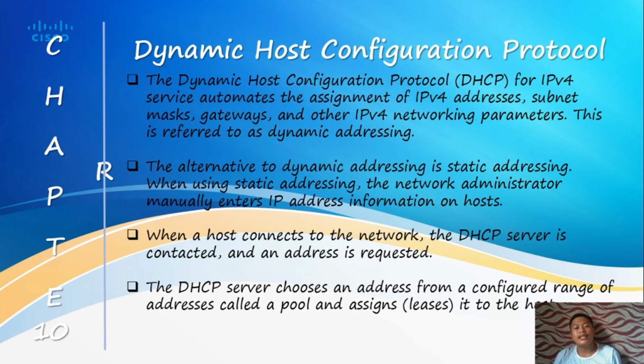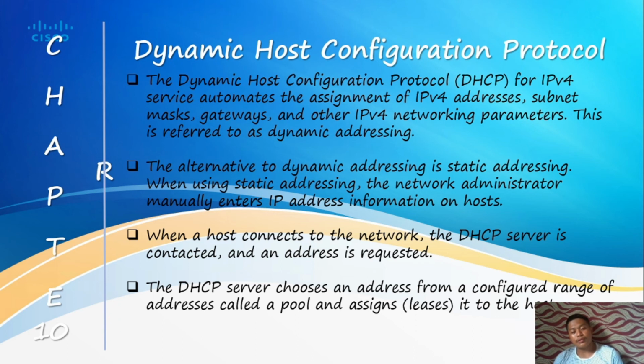Dynamic Host Configuration Protocol. The Dynamic Host Configuration Protocol, or DHCP for IPv4, service automates the assignment of IPv4 addresses, subnet masks, gateways, and other IPv4 networking parameters. This is referred to as dynamic addressing.